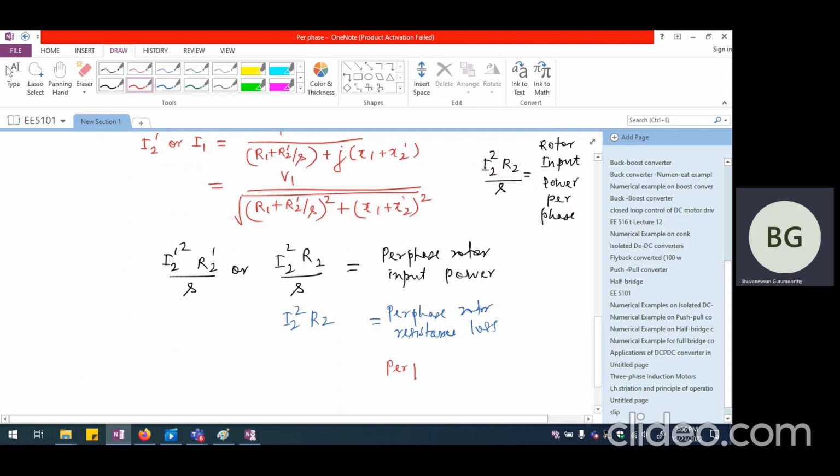So per phase rotor mechanical power output will be equal to rotor input minus rotor resistance loss.